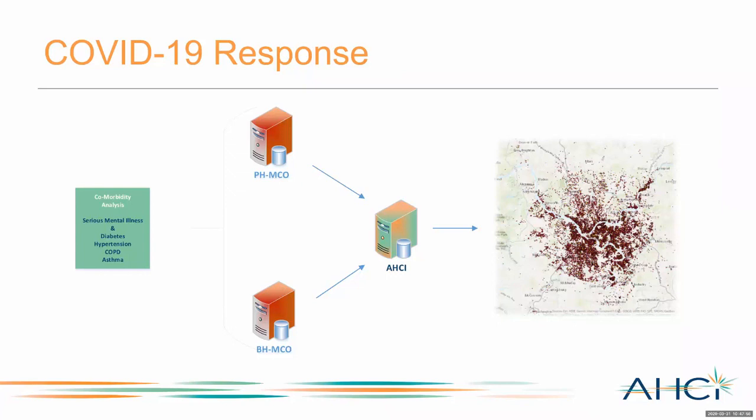So a pretty simple graphic here. You're taking the behavioral health data, merging that with the physical health data, and then you have outcomes of analysis.